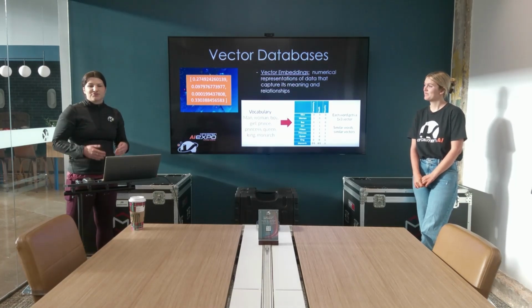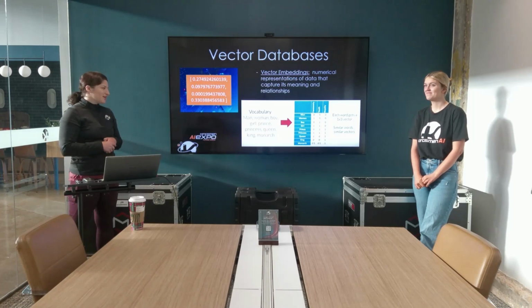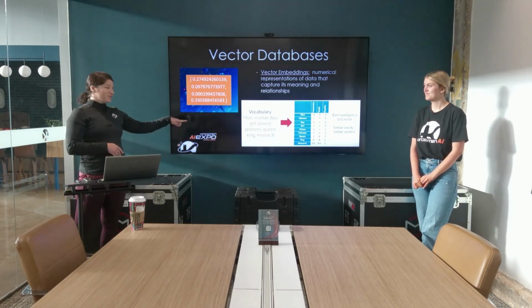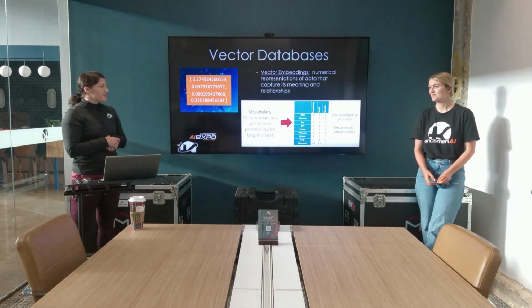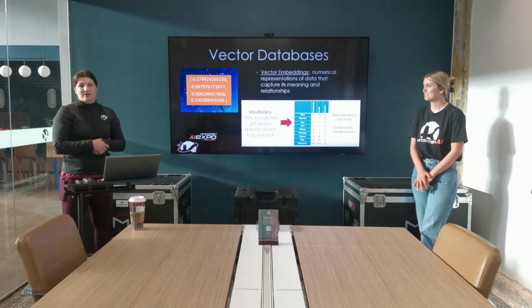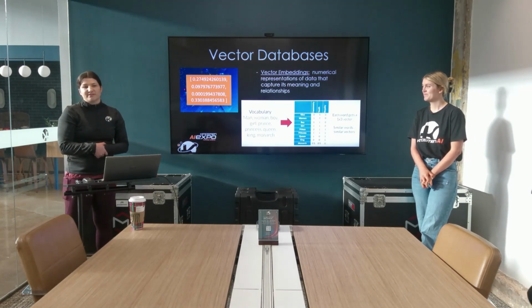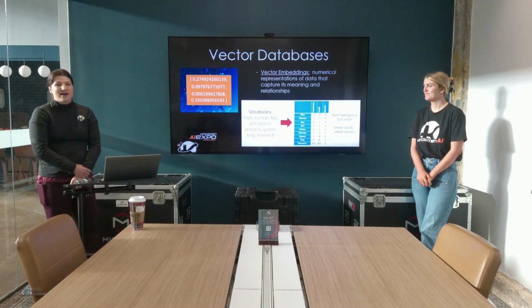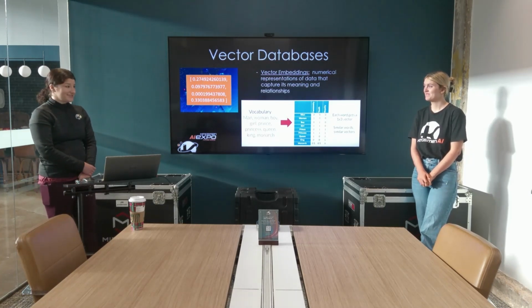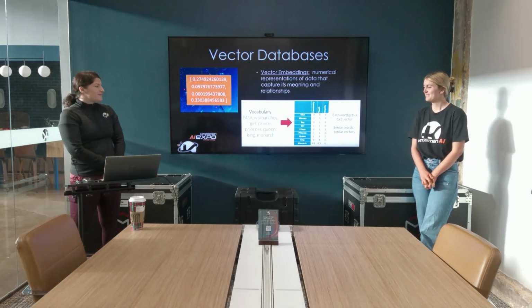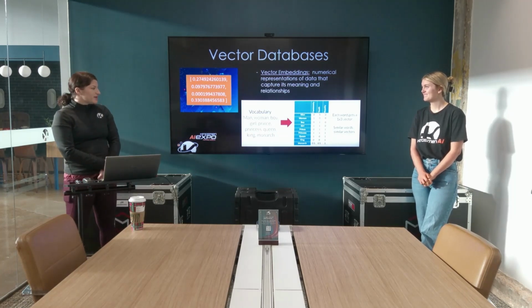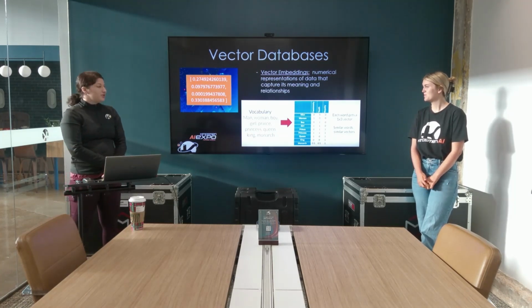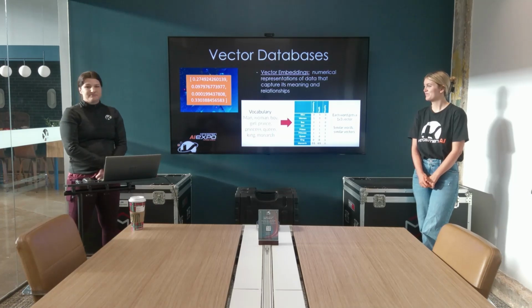And as far as translating the data into a vector, I have a small example here. This is just a three-dimensional word vector, which for reference, the embedding model that we're using has 1,536 dimensions. But in this example, you can see on the top, we have femininity, youth, and royalty.